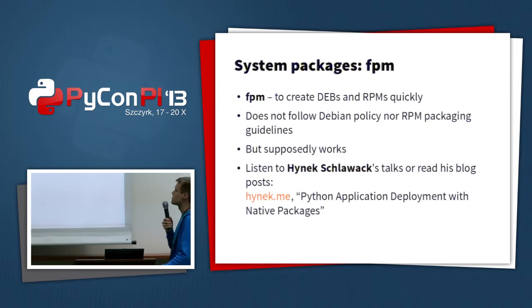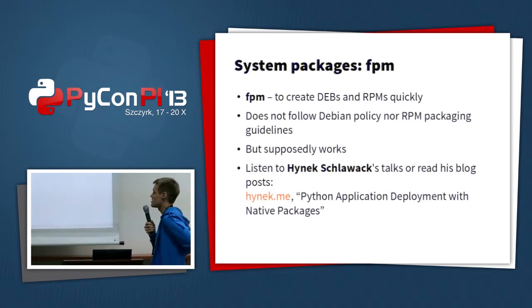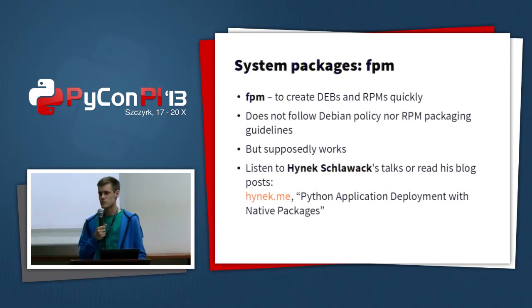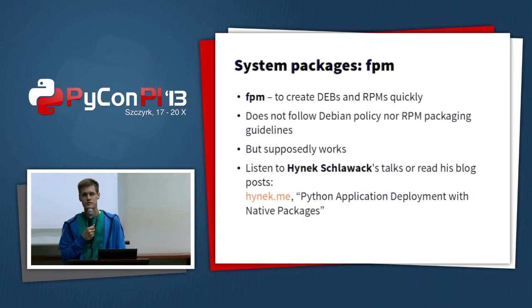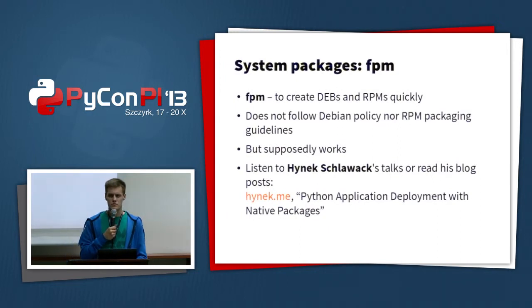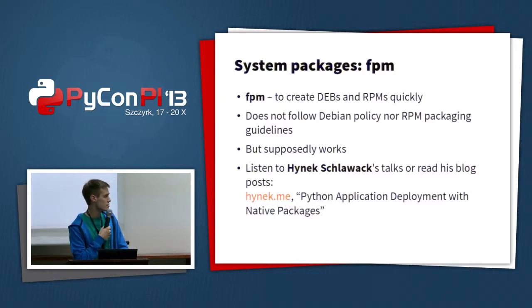FPM cannot distinguish between, for example, RPMs for different operating systems like CentOS. CentOS, I believe, has a little bit different architecture for their RPMs than Fedora, for example. FPM doesn't care. FPM just creates some debs or RPMs, which will supposedly work.